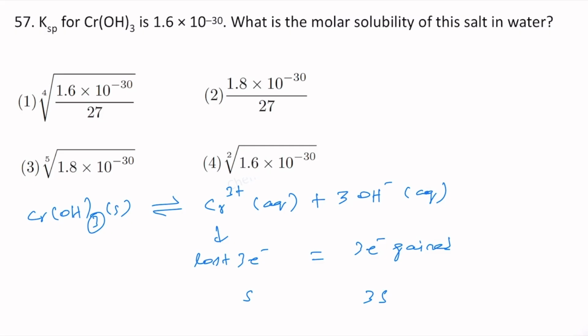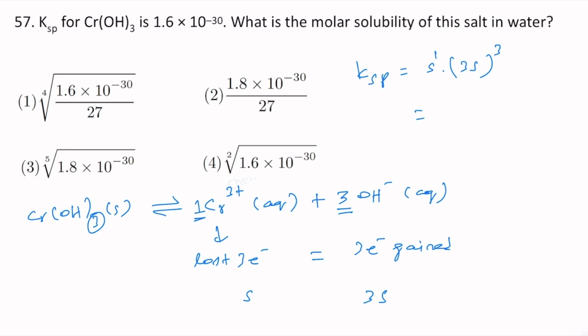Solubility product of a compound is defined as the product of the molar concentration of the constituent ions, each raised to the power of its stoichiometric coefficient in a balanced equation. Therefore, here this is s to the power 1 times 3s whole cube, because we have 3 as our stoichiometric coefficient here. Here what we have is simply 1.